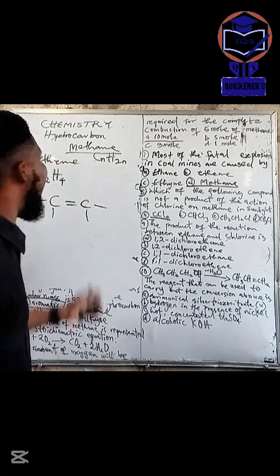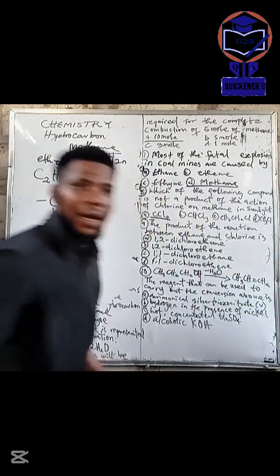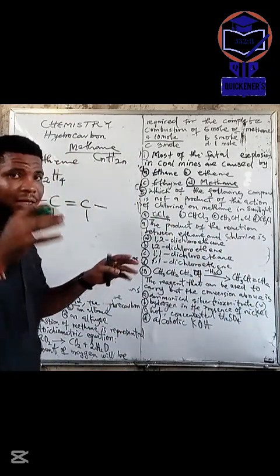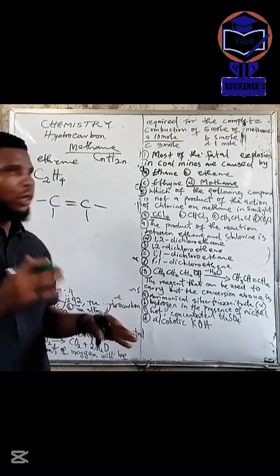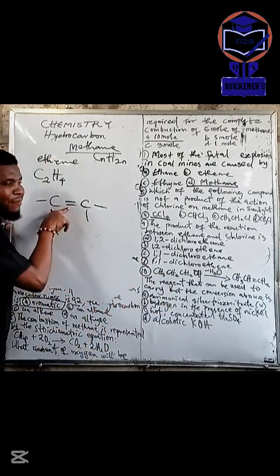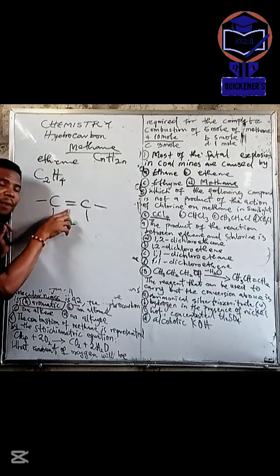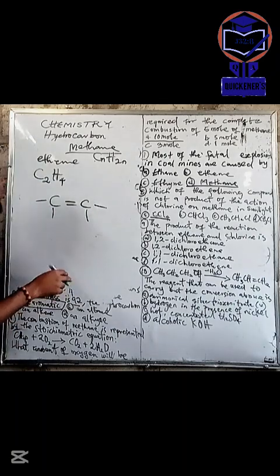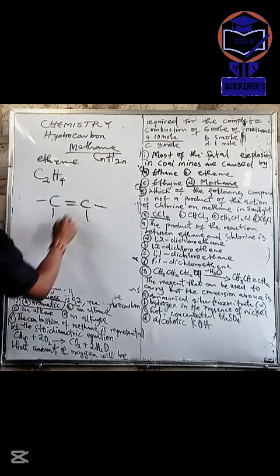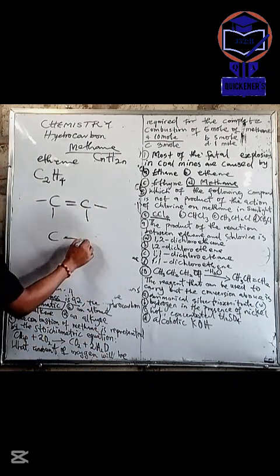Now when ethene reacts with chlorine, the first type of reaction is substitution. But in this case, nothing is being substituted. We have a double bond here that needs to be saturated. So what will happen is that chlorine or bromine or any other halogen will go and saturate this.